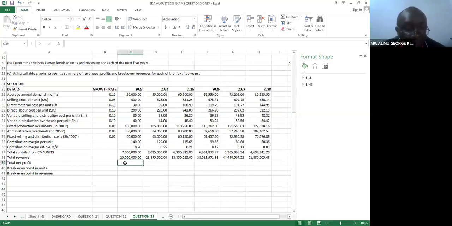Net profit. Net profit is total contribution minus the fixed cost. So net profit will be equal to the total contribution, this one, minus the fixed cost, and we have 3 fixed costs. There is this one of fixed production, then this one of annual administration, and there is this one.